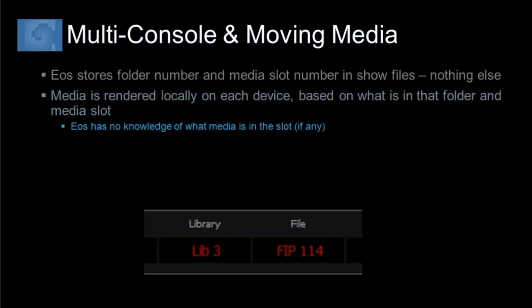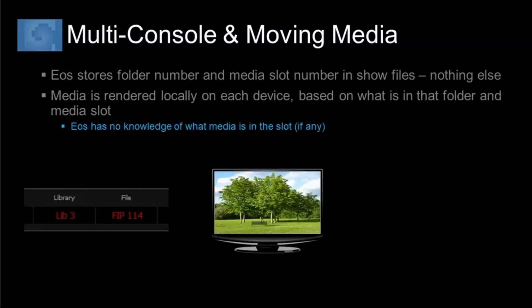So it doesn't know if there's media in that slot. And oftentimes we'll see this where someone will bring in a Nomad computer as a remote video device, plug it into the system, you're playing a pixel map on your console, and it's just blank on the laptop. And that's because that laptop doesn't have any media installed. So it's playing library folder 3 and slot 114, and there's nothing there. So I think this is one of the bigger challenges of this service if you're going to be moving media around or if you're going to be in a multi-console environment.